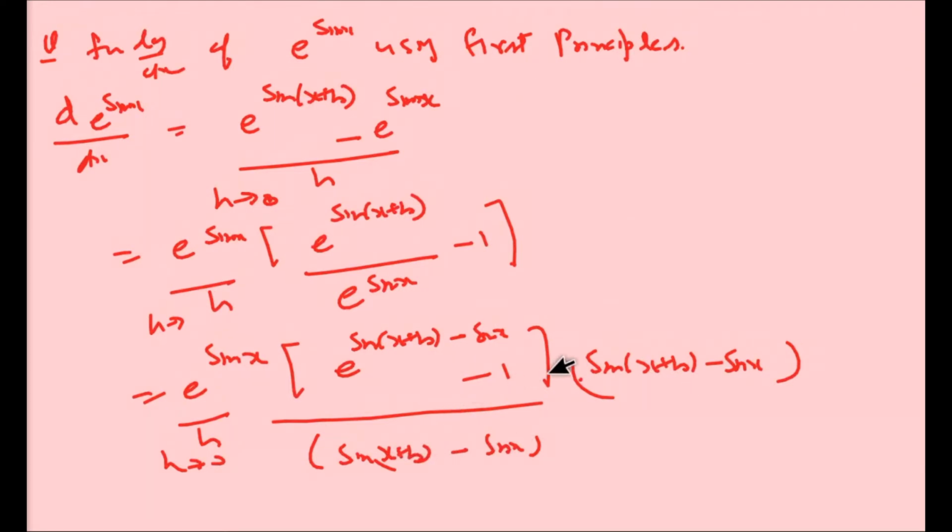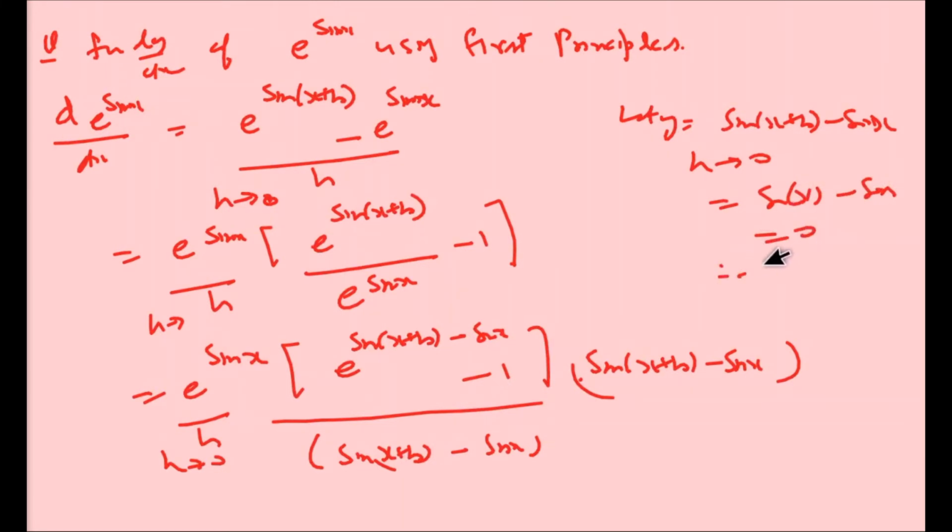So we can say, let y equal sine x plus h minus sine x. If h tends towards 0, then sine x minus sine x equals 0. Hence y tends towards 0. It means this is equal to 1.